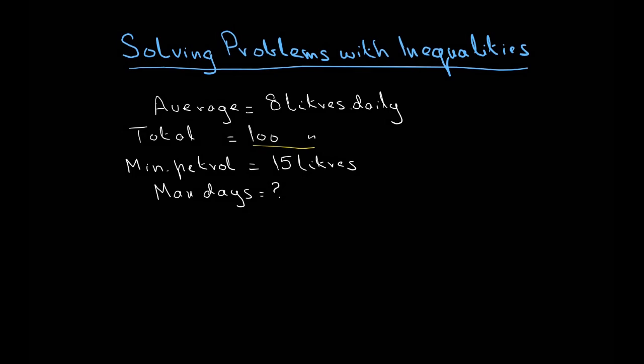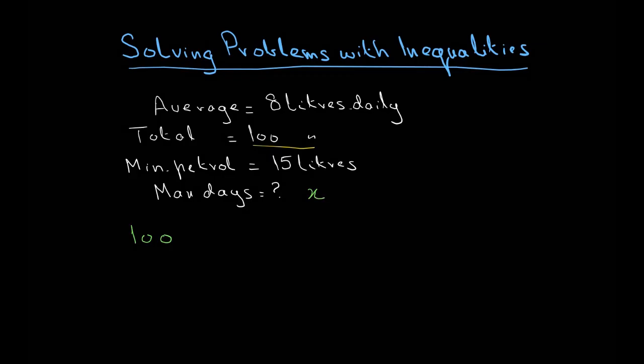Given that there must be at least 15 liters of petrol in the tank at all times, form an inequality and solve it to find the maximum number of days he can travel before he has to top up the petrol in his car. Now, please note he's going to start out with 100 liters, and let's say the number of days is x.